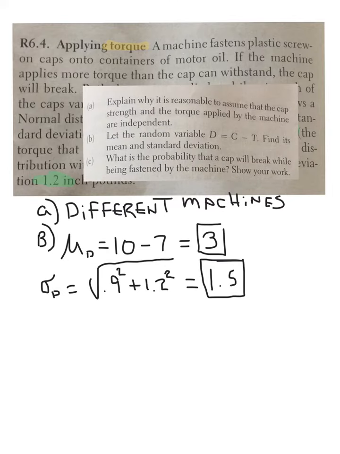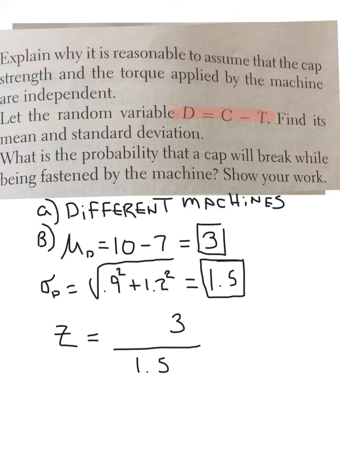And then what does it say for C? It says, what is the probability that a cap will break while being fastened by a machine? Show your work. Okay, so this is going to be a z-score. So here we go. So here's our z-score. Here's our new average and our new standard deviation.